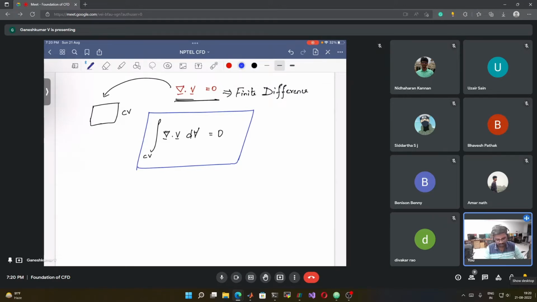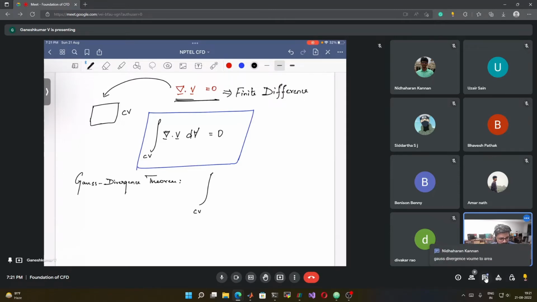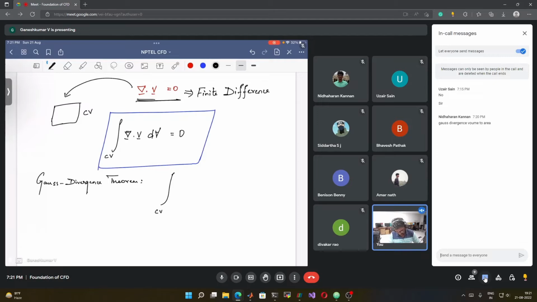It's a divergence of velocity, or divergence of a vector. Do you know the Gauss divergence theorem? In the Gauss divergence theorem, we will convert this volume integral to a surface area integral.